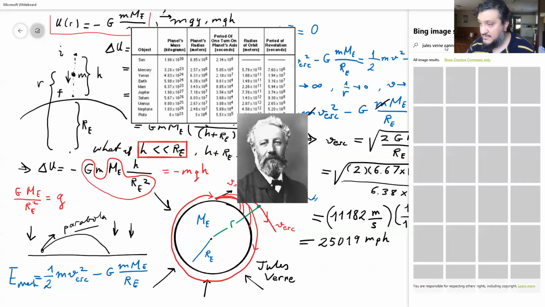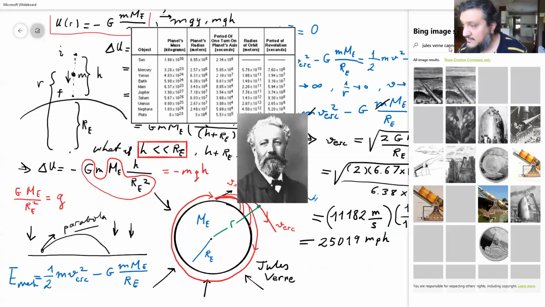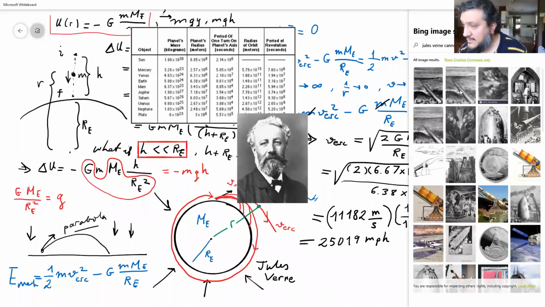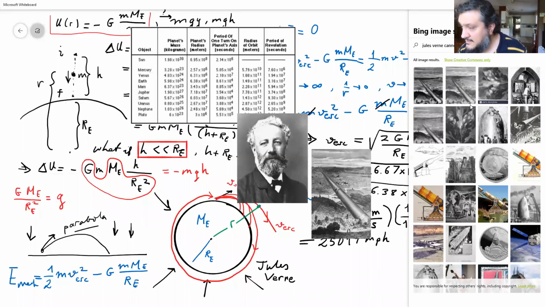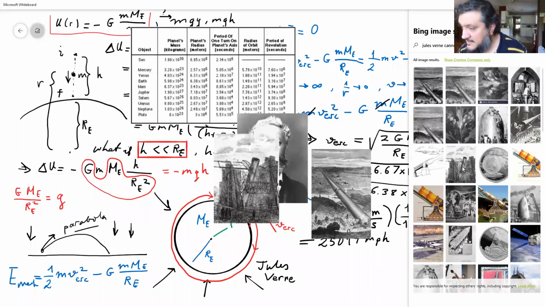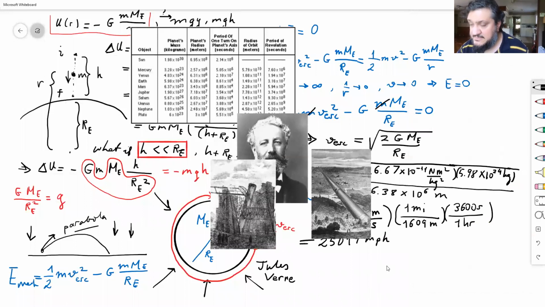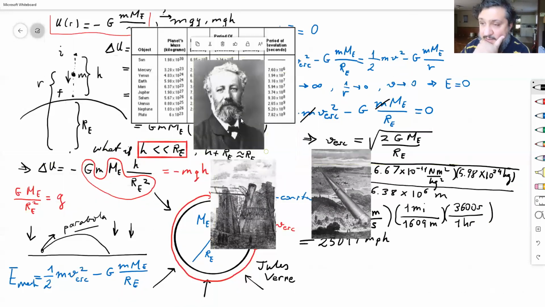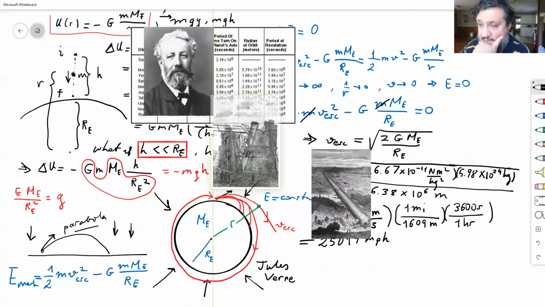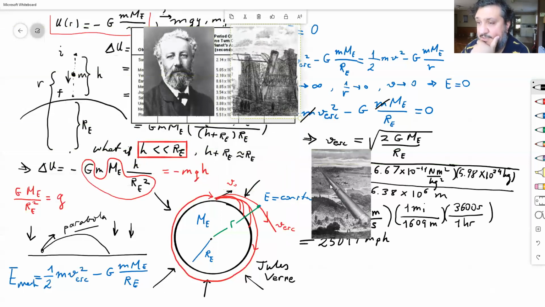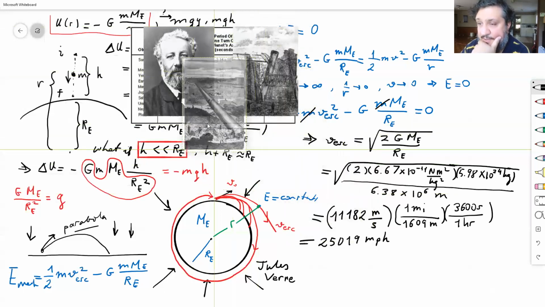Probably he couldn't imagine how long that cannon would be. Okay, here is another picture. So he thought about building a large cannon like this.